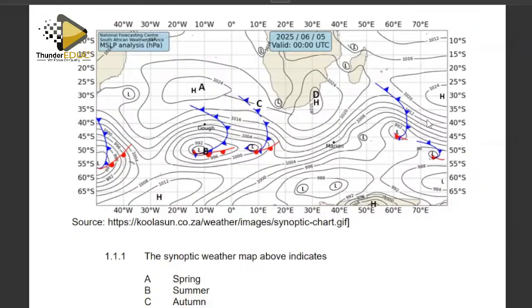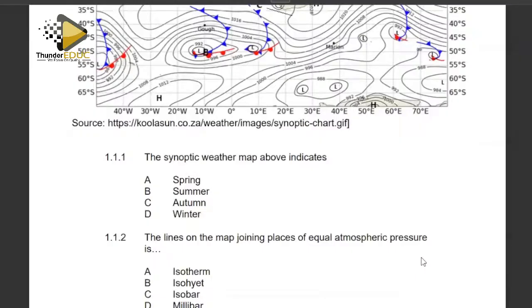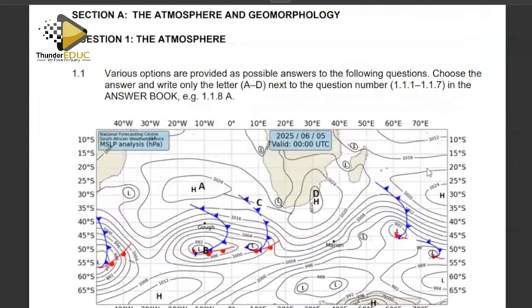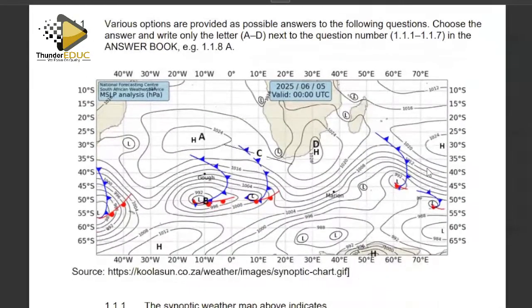Right. For the sake of our discussion, we are focusing on the questions. The synoptic weather map above indicates, is it summer, spring, autumn, winter? Right. If we go to our map, we tend to find that if we check here on the dating of the map, we can see that the date is telling us that it is the map for 2025, the 5th of June.